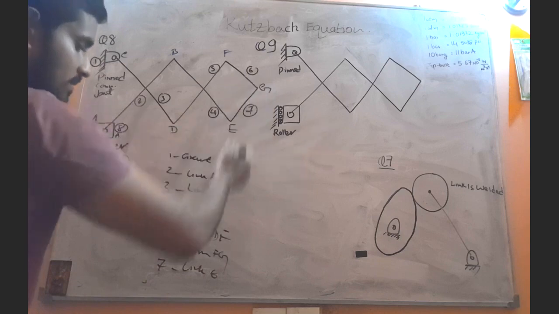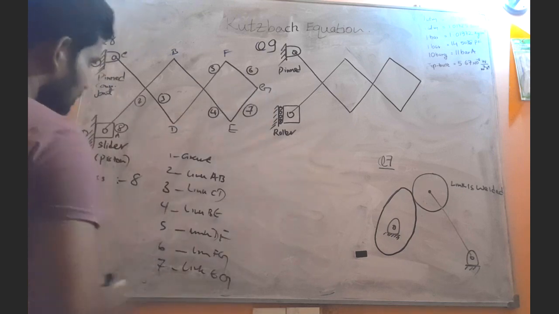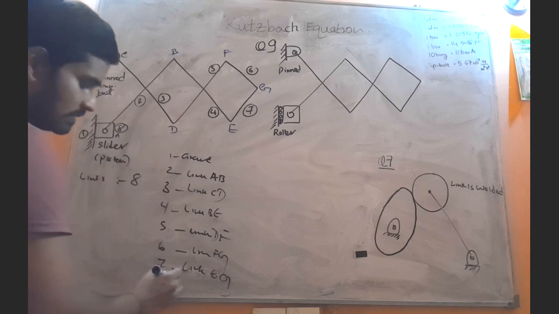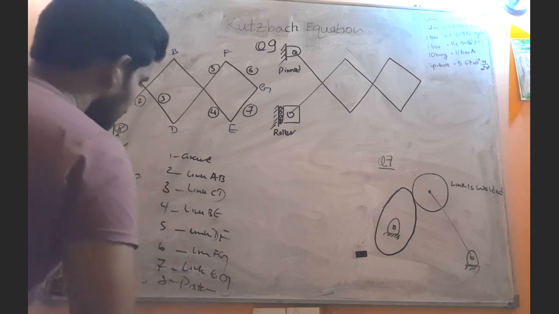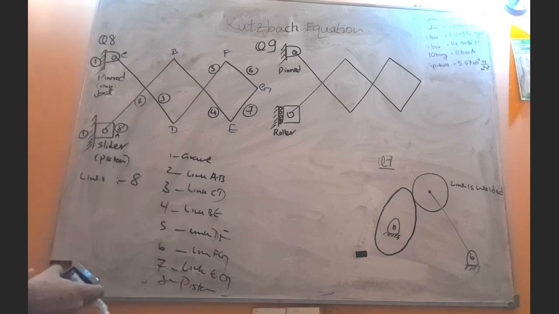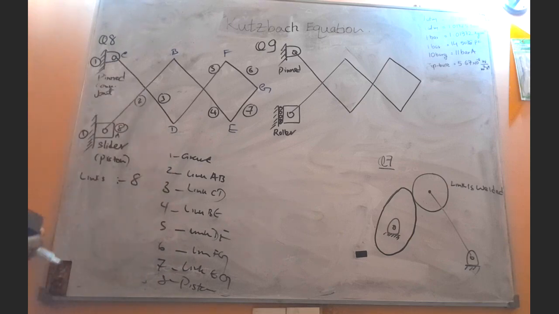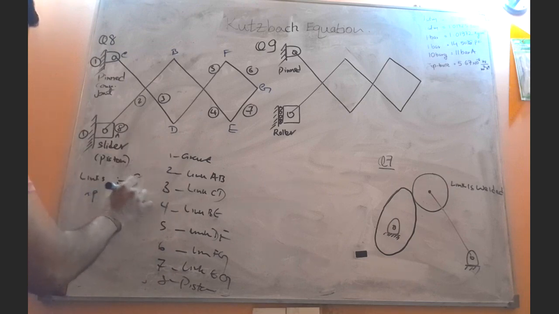And the eighth link is the piston. So are there any higher pairs here? You cannot see any geared mechanisms or roller mechanisms. We cannot observe any higher pairs here, so higher pairs is 0.